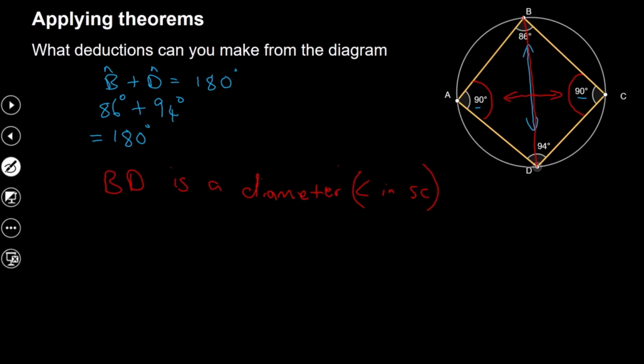The other deduction I know somebody might say is that ABCD is a cyclic quadrilateral. Really, you can say that is a deduction, but it's not really a deduction. Why? Because already the 4 points are on the circumference of the circle. Given that they are on the circumference, I can't really say it's a deduction.